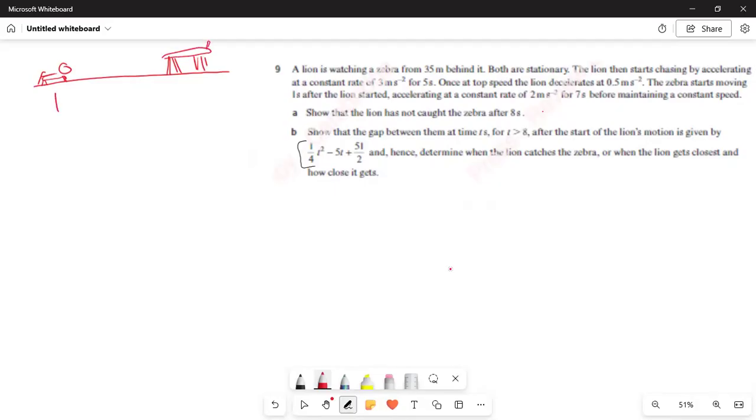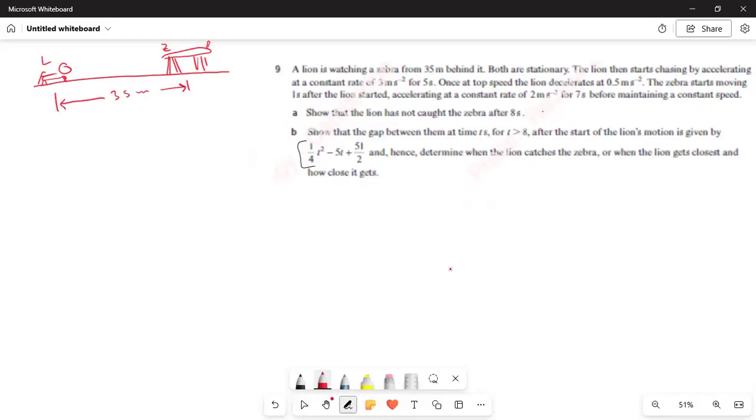Okay, and the distance between them is 35 meters in the beginning. So when the lion saw the zebra, this is lion, this is zebra, then it starts running towards the zebra. And after 1 second, the zebra also starts running, and we have to see what's the distance between them.